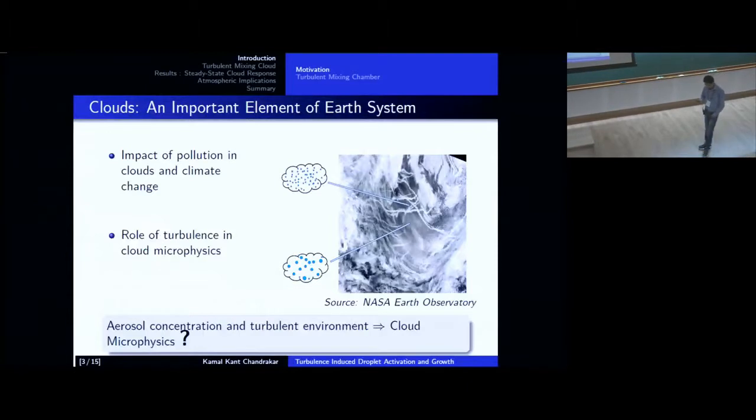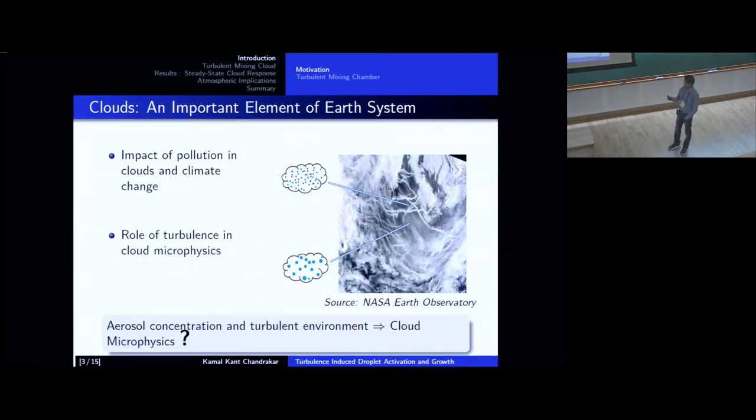The other important feature of clouds is that they are highly turbulent. This turbulent flow environment affects cloud microphysical growth. Some of the effect is because of the inertia of the droplets. Droplets have finite inertia, which affects the droplet spatial distribution and the collision rate.